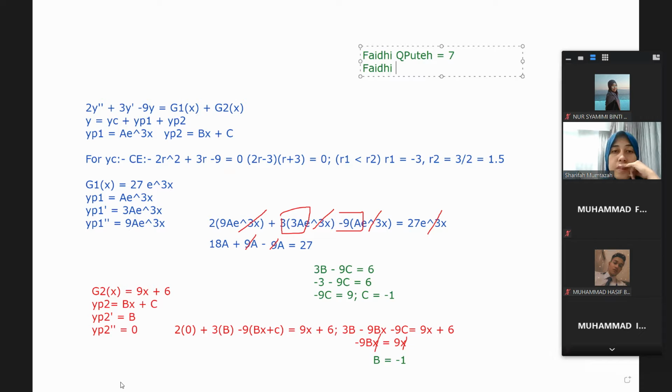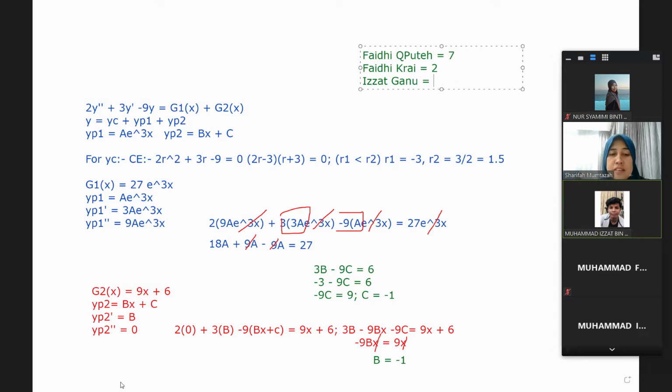Kuala Krai, Group 2. Izzat Ganu, Group 4. The other Izzat, from Parit, Group 1. Who else isn't here?